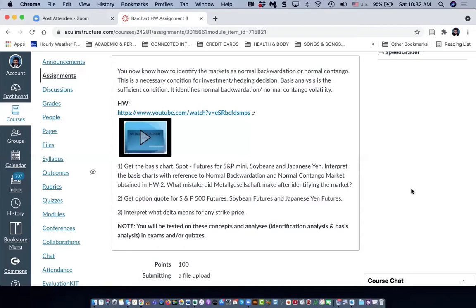Let's say your basis comes out to be downward sloping. Then you say the markets were all mixed markets, so there is no case for investment because the necessary condition failed. But had we had that market to be normal backwardation, then this basis would have supported long investment.